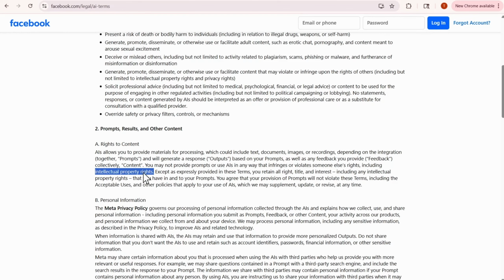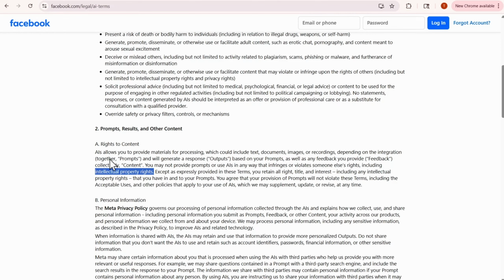Intellectual property rights is one of those current discussions, because some of the prompts that individuals are using, and the outputs that are created, could infringe on intellectual property rights that other individuals have, whether it be patents, copyright, or trademark. All of those issues are still at play when it comes to artificial intelligence.